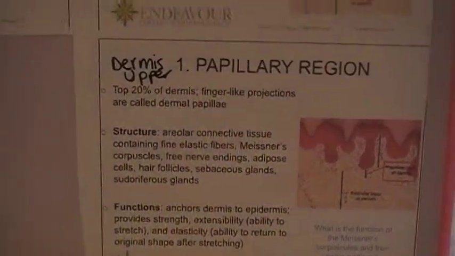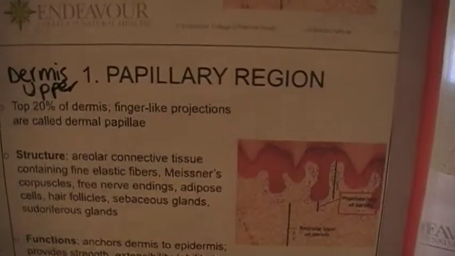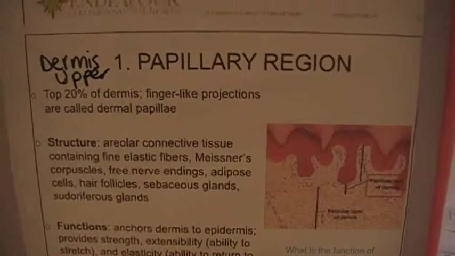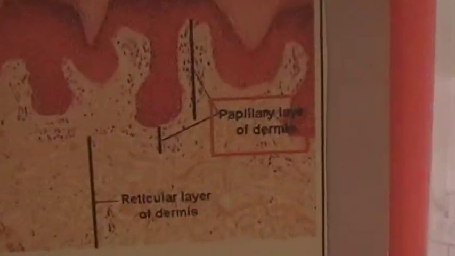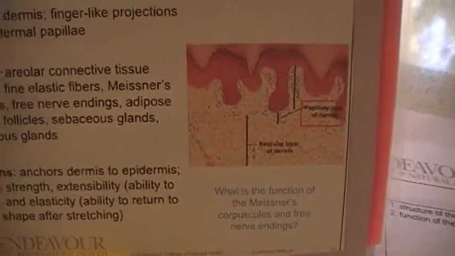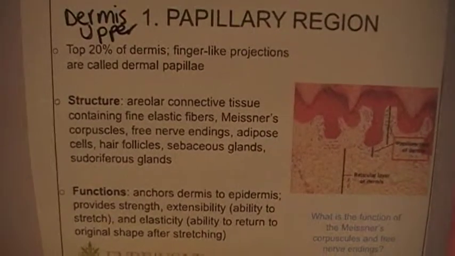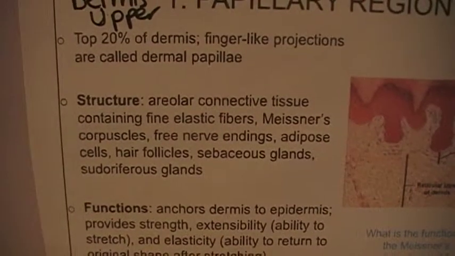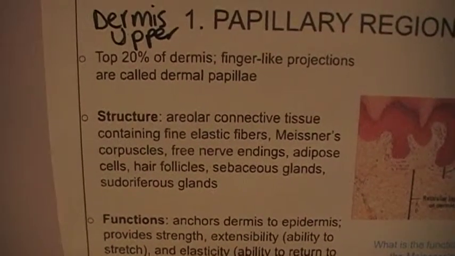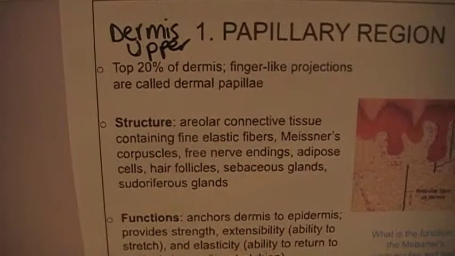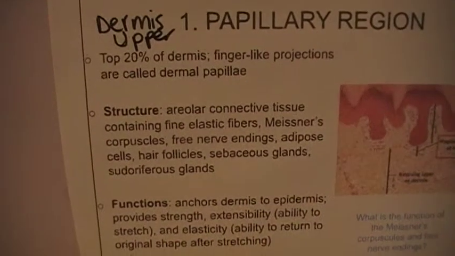Also contains stratum basale. In the dermis, the upper part is the papillary region, which contains areolar connective tissue, as well as accessory structures such as hair follicles, oil glands, and sweat glands.